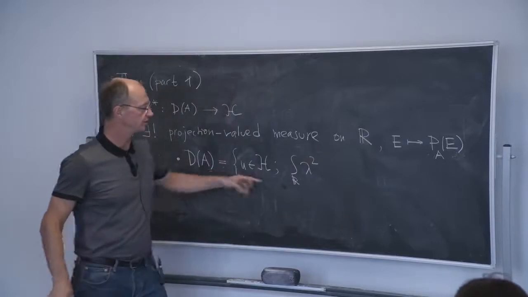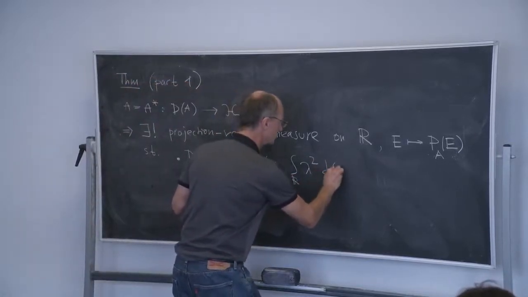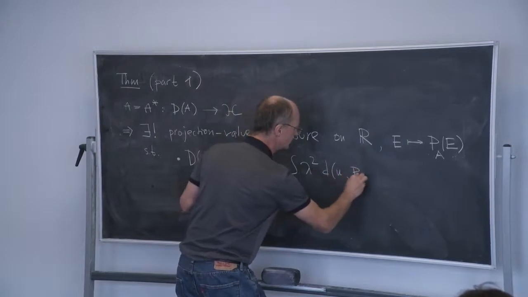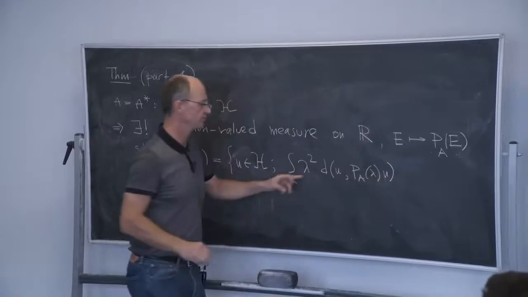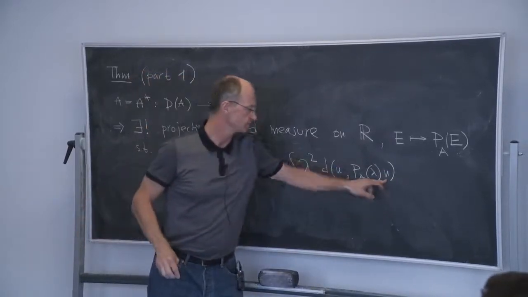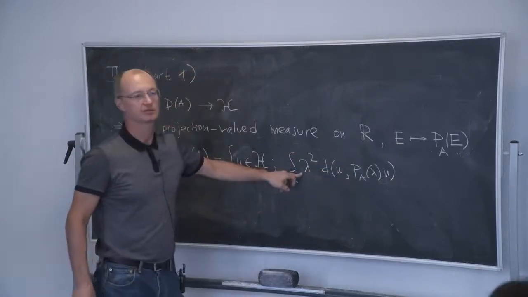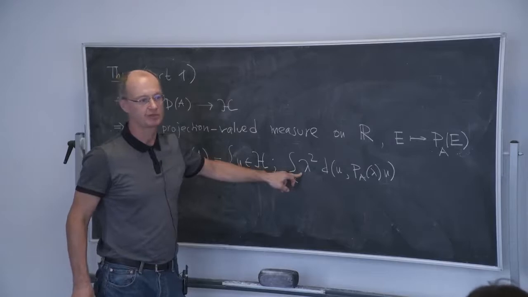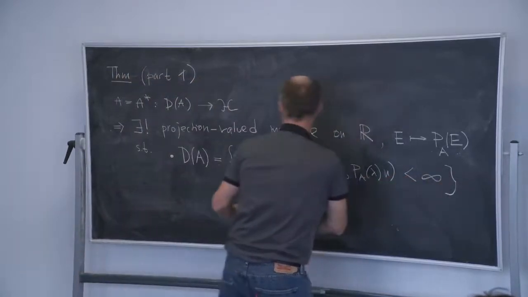So the integral of lambda square with respect to the measure that we just introduced, right? So we have just a normal measure on the real line. So that's this one, which is associated to the vector. And the integral with respect to that measure of lambda square should be finite.